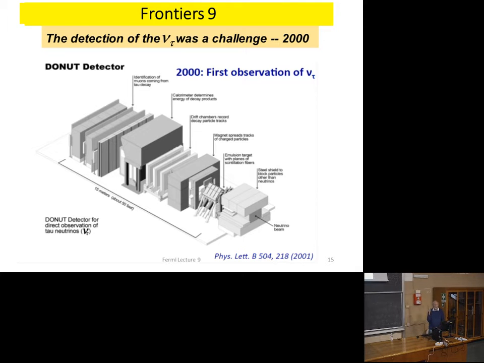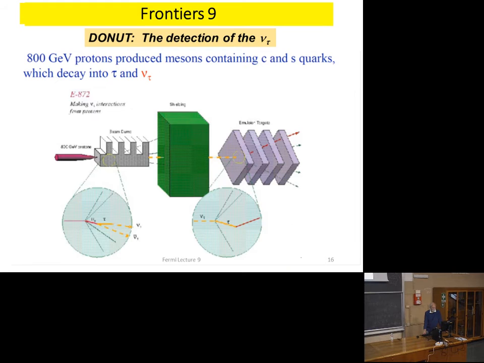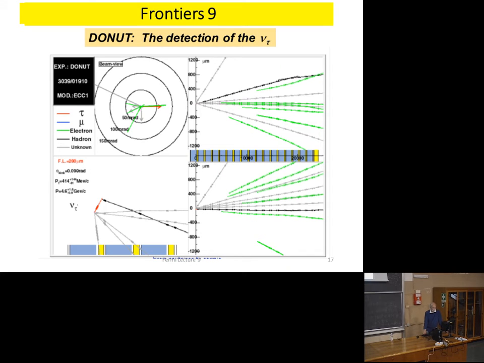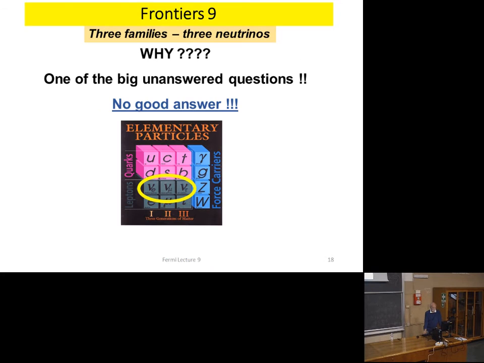The rest of it is just picking out the interactions that would be candidates to give the tau neutrinos and where the other particles went in the final state, the tau lepton itself and the other particles that happened in the interaction. So that's the third neutrino. This is just another picture of it. This is a picture of the emulsion track itself, seeing the little kink that I showed you that was a signature of this particular interaction.